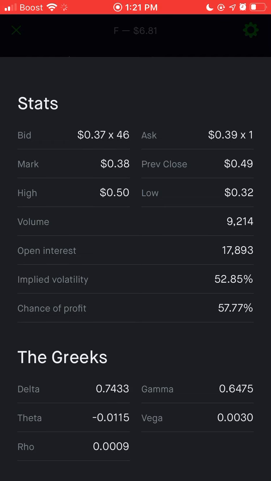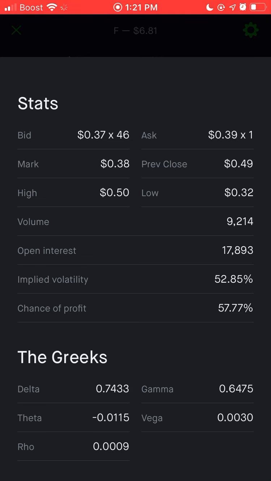So after the first dollar, if it goes up another dollar, this contract will increase in value by about $64.75. The theta represents time decay, so every single day this contract will be losing about $1.15 in time decay.